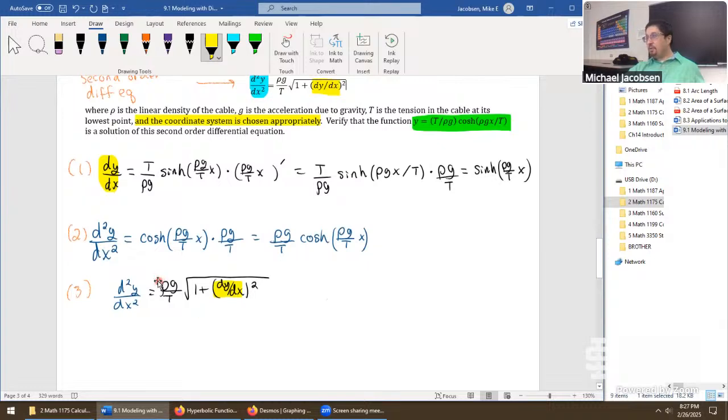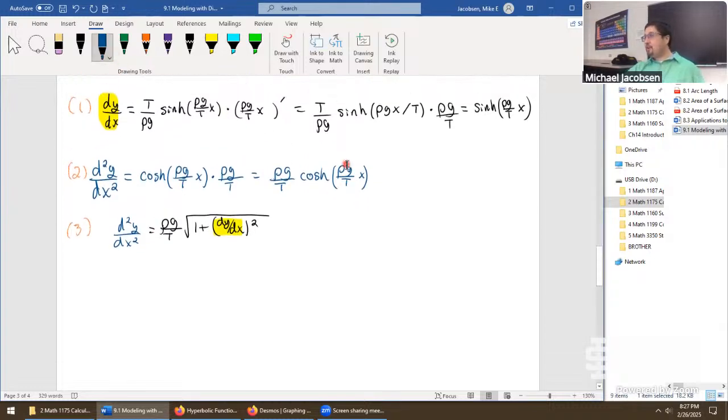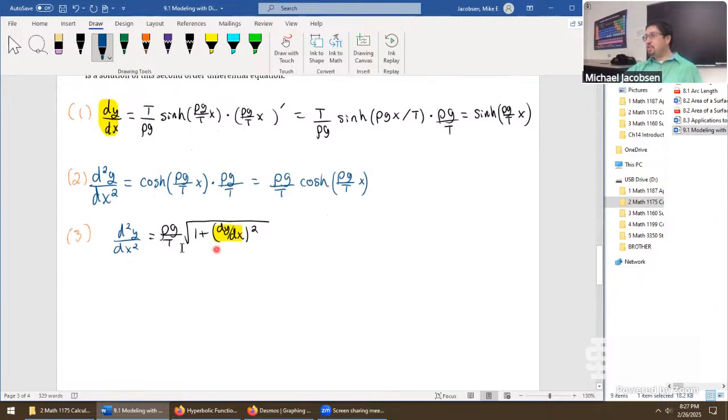But now here's our original differential equation. We're now making two substitutions. Y never even occurs in this one. So on the left right here, drop in what we had from step 2. Rho gt cosh rho gt x.